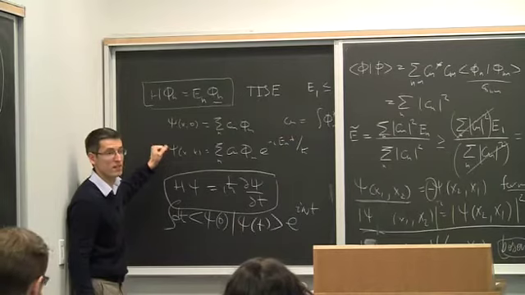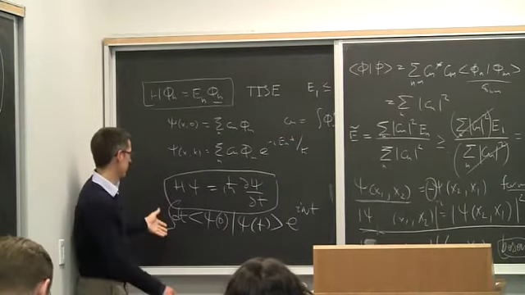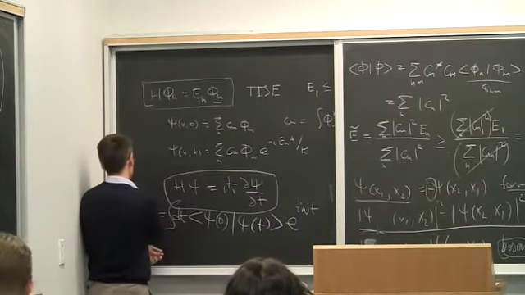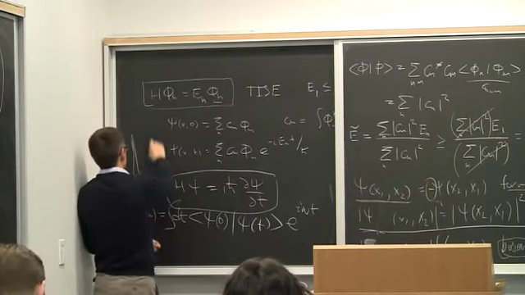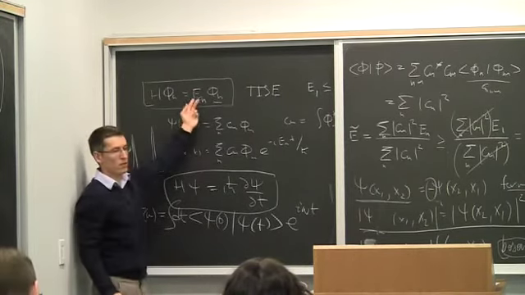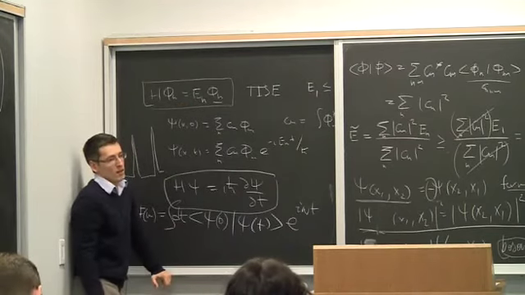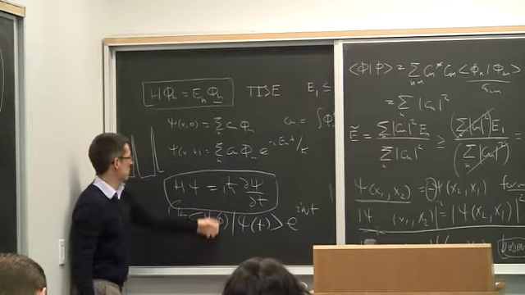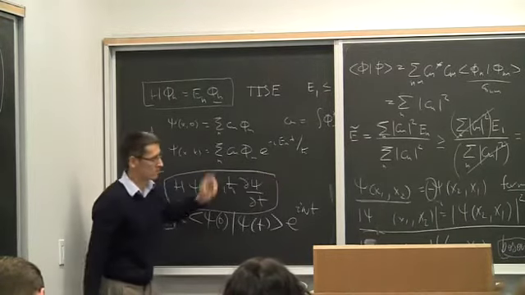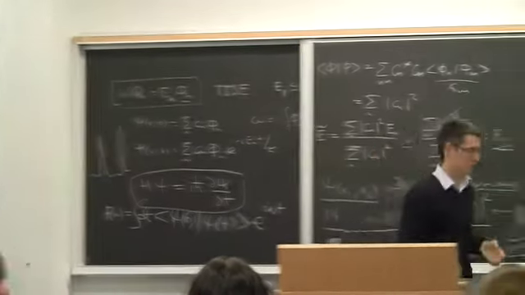As a Fourier transformation of this function of omega, you'll get peaks at the values of the eigenenergies. And that can be easily shown, because you just use this. Once you ask, I'll show.